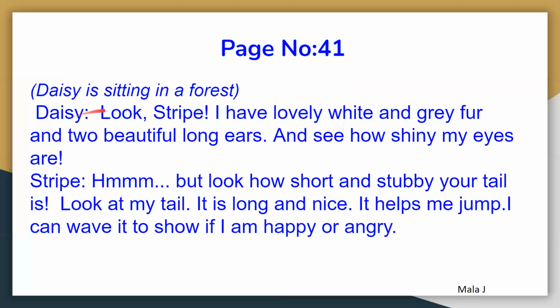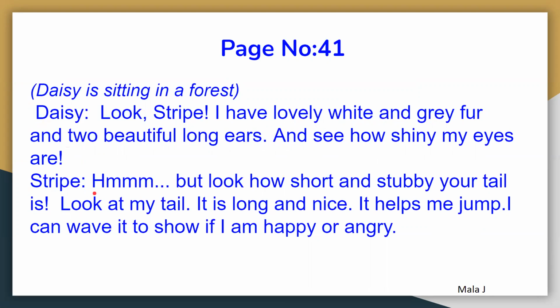Okay, so Daisy is telling Stripe that she is having lovely white and grey fur. Her hair is so beautiful. It is of 2 colors, white and grey, and she has 2 beautiful long ears. And she also says that she has 2 shiny eyes.